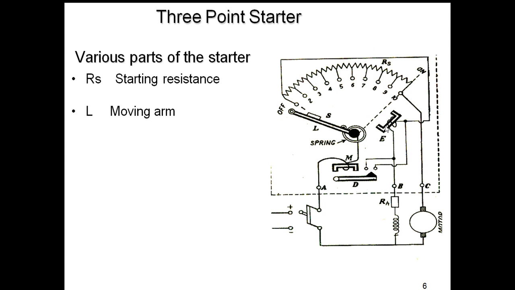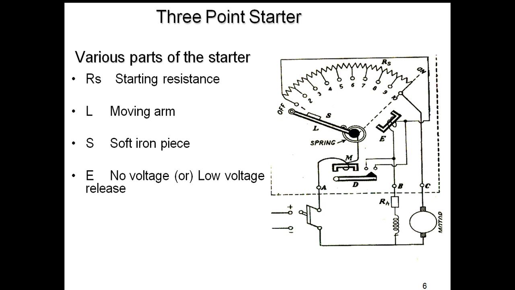And L is the moving arm. And here this S represents the soft iron piece. And E represents the no voltage or low voltage coil.